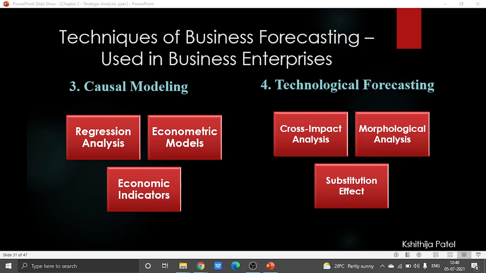This particular method normally attempts to identify and determine the significance of relationships and interactions between specific events so as to know the impact. This is a 2 or 3 dimensional matrix.